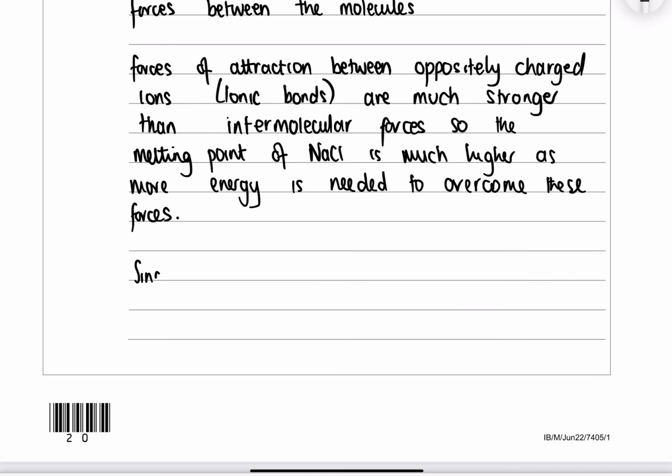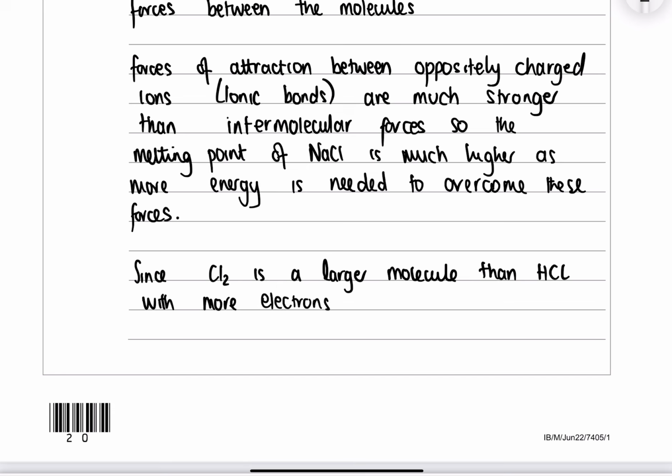So since Cl2 is a larger molecule than HCl with more electrons, it has stronger van der Waals between its molecules.